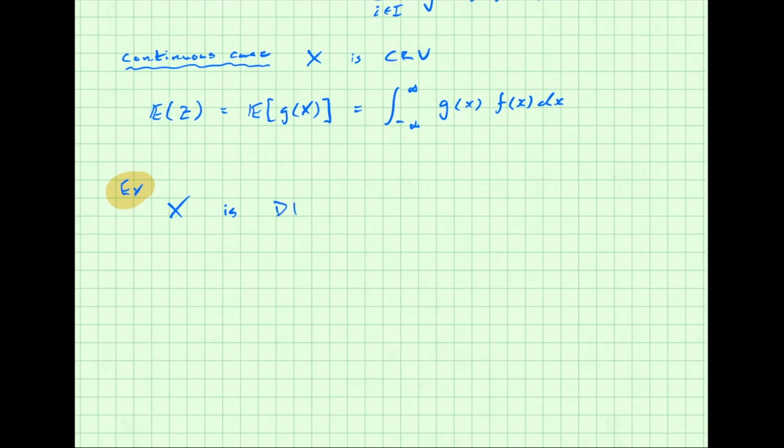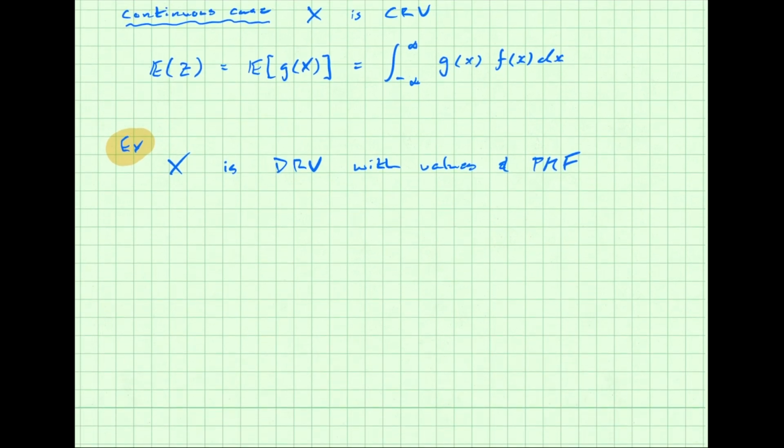X is a discrete random variable with values and PMF as follows. So let's write them out. This is just a made-up case. It's going to have indices i.